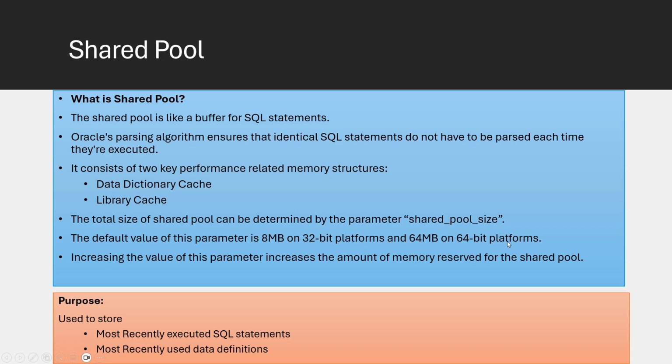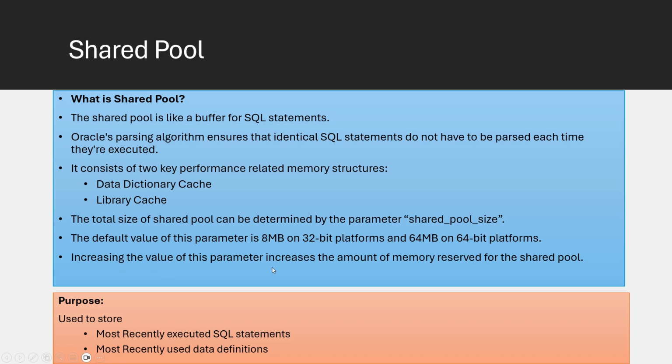On a 64-bit platform, the default value of your shared pool size is 64 MB. When you do a fresh installation, you are not configuring anything, you are just creating an instance. The parameter file will have a default configuration, so 64 MB from your RAM will be allocated to the shared pool.